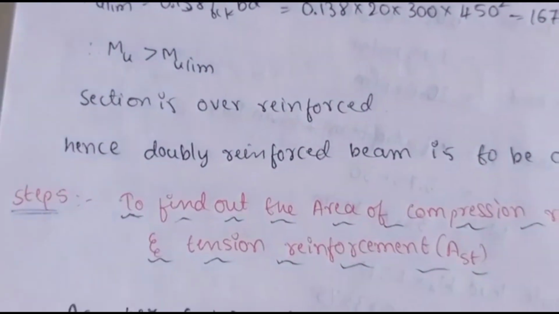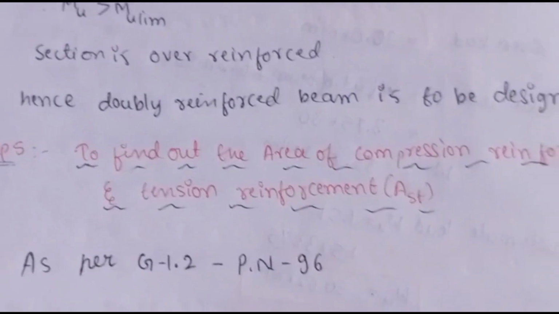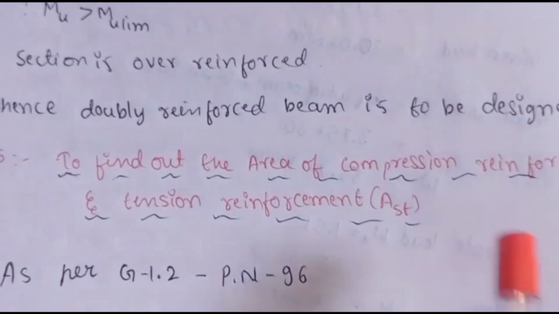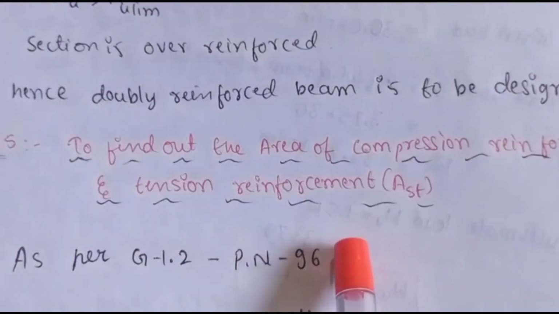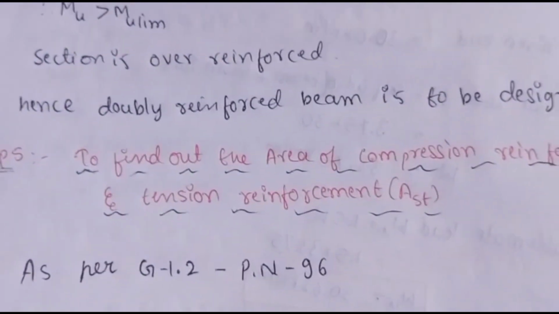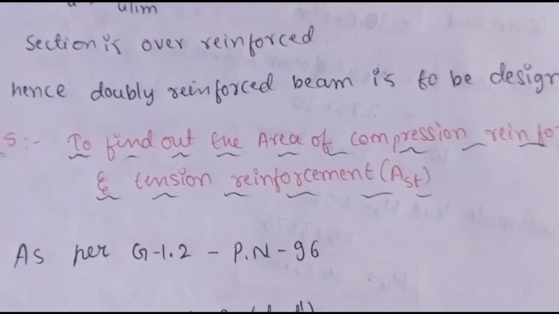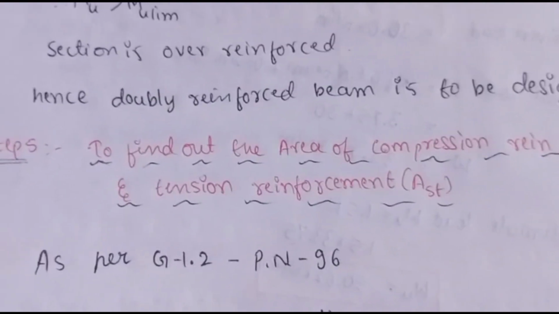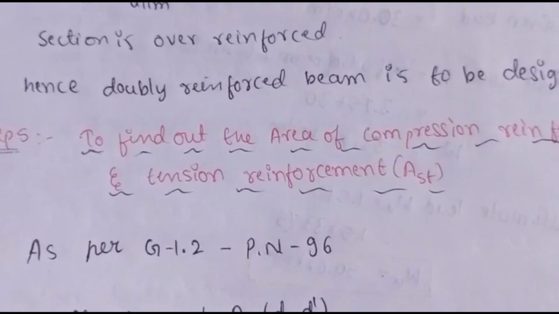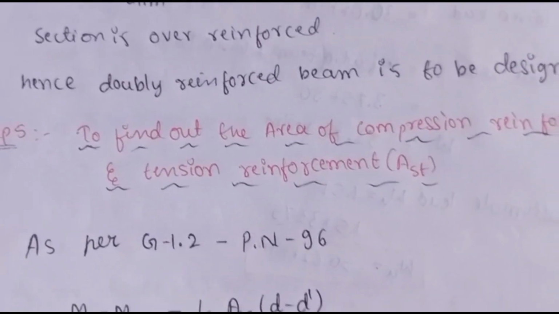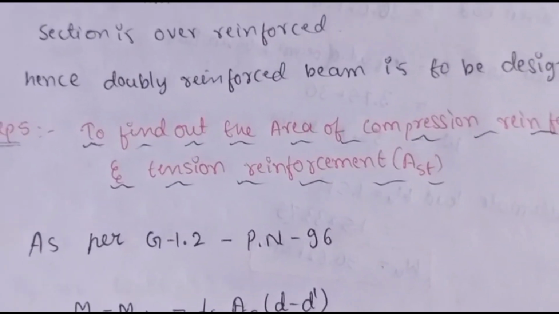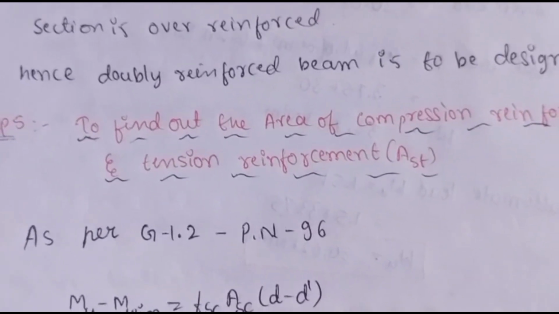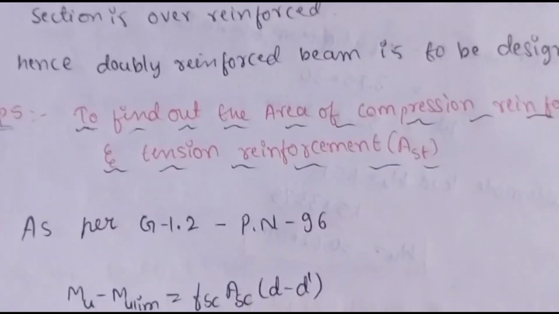After this, step 5 is the calculation of the area of compression reinforcement and area of tension reinforcement. The main difference between singly reinforced beam and doubly reinforced beam is that in a singly reinforced beam we design only the tension reinforcement, but in a doubly reinforced beam we design both compression reinforcement as well as tension reinforcement.